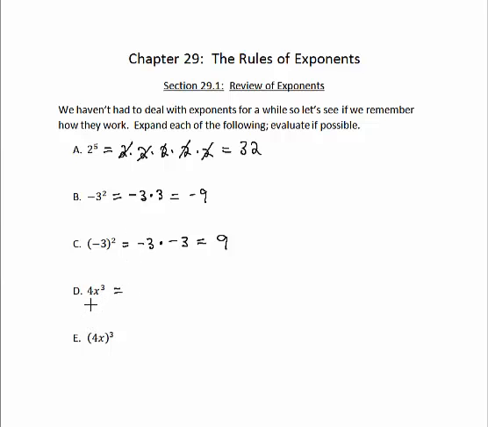In this case, about all we can do with this expression, 4x to the 3rd, is write it as 4 times x times x times x. And we typically call this expanding the exponent. The next one is (4x) to the 3rd, however we have parentheses, and the 4 is included inside the parentheses, and so we have 3 of these.